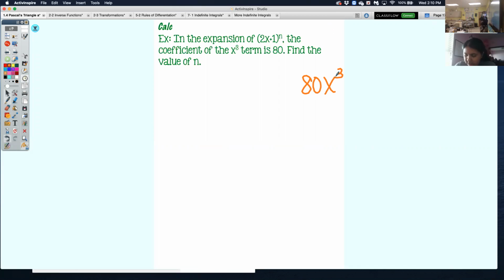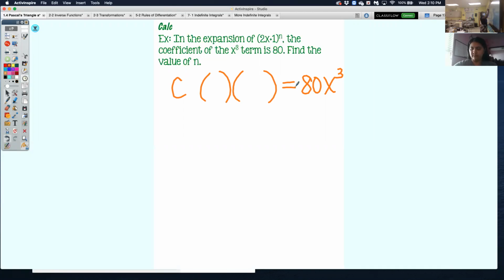So what we need to do is pull out what that term would be. As before, we need our combination, and then we need our two sets of parentheses to represent the two terms. But whatever term we get, it has to be the one that's equivalent to the 80x to the third.